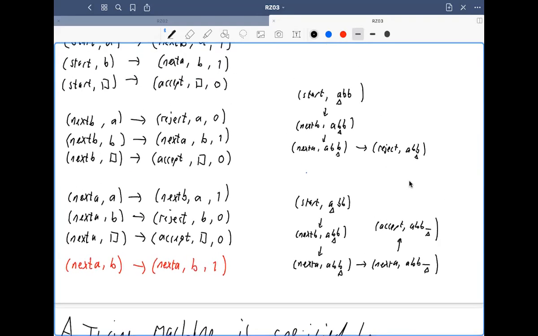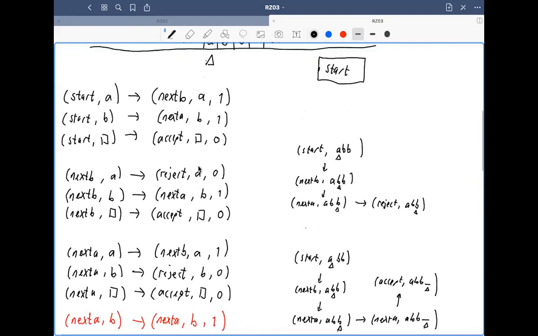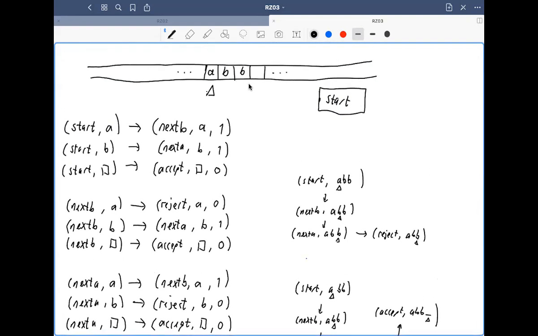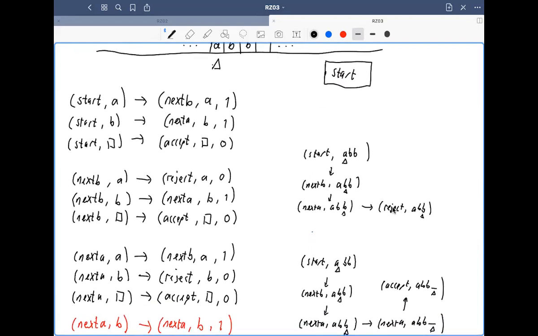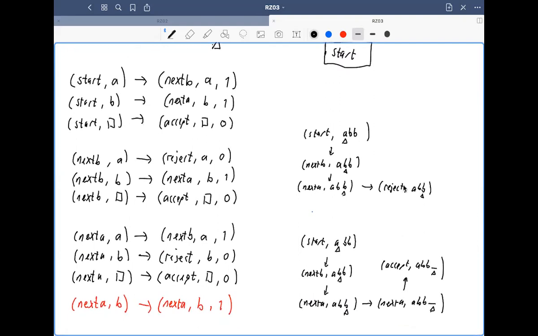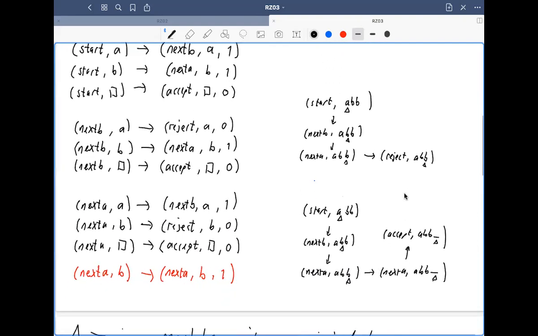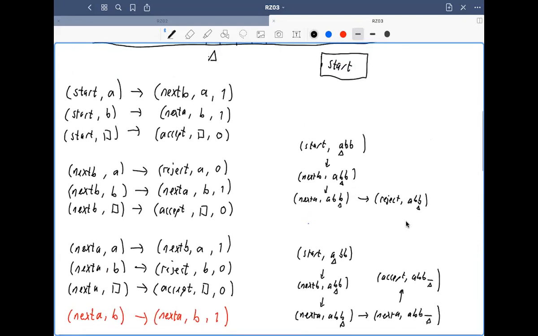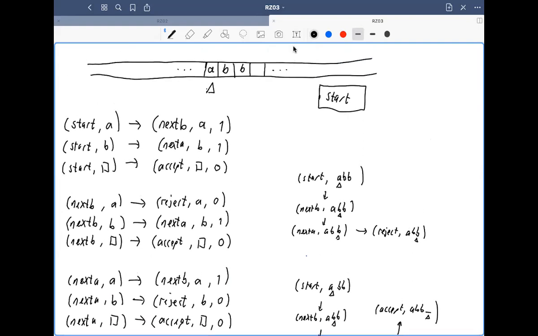So what we see is the non-deterministic machine running on the input ABB. There are two different possible ways it can execute in this case, and they give us different answers. One way says reject, and another way says accept. What we call this is two runs of the machine.